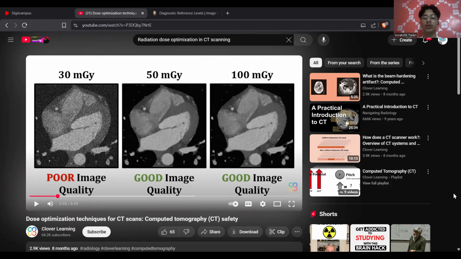We simply lower the radiation dosage to 50 milligray, which gives just as good image quality, but saves the patient from any risks or side effects. But if we use an even lower radiation dosage, 30 milligray, we are not going to get an image which is easily readable by the radiographers.